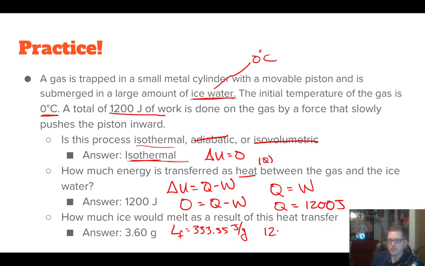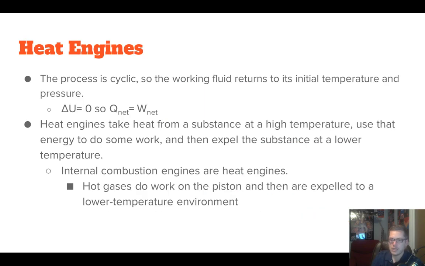We're going to convert 1,200 joules using dimensional analysis. We're going to put joules in the bottom, grams at the top, and it says right here it's 333.55 joules for every 1 gram. So we'll take 1,200 divided by 333.55, and we get 3.6 grams of ice. That's how much.